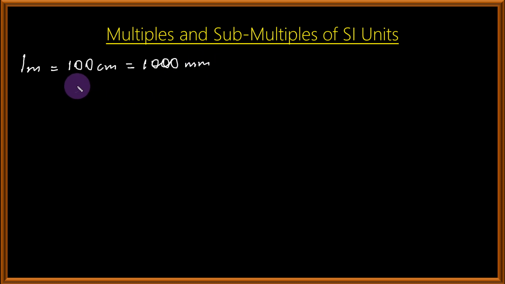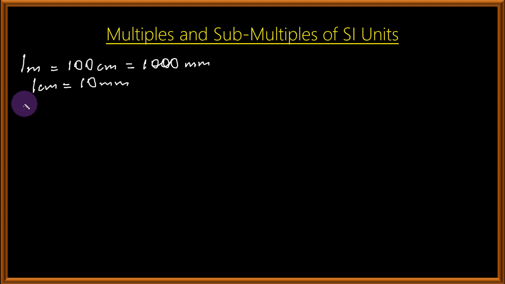And we also know that the same 1 centimeter is equal to 10 millimeters. We can obtain it from here, because if 1 meter is equal to 100 centimeters and 1 meter is equal to 1000 millimeters, then it follows 100 centimeters equals 1000 millimeters. And when we divide both sides by 100, we find that 1 centimeter is equal to 10 millimeters. This is as far as length is concerned.